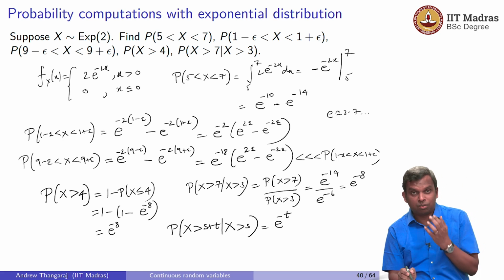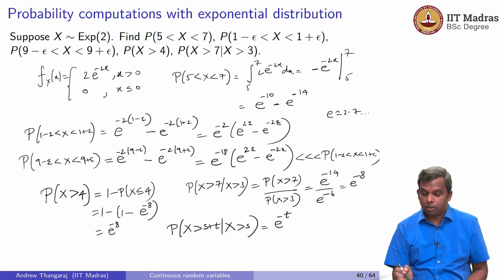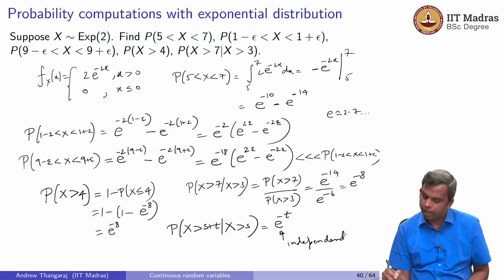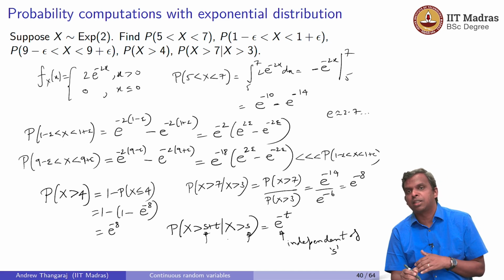Okay. So, it's not very hard to see this. So, it is e power minus t and this in particular is independent of s. No matter where you keep your s, s could be 1, s could be 100, s could be 1000.